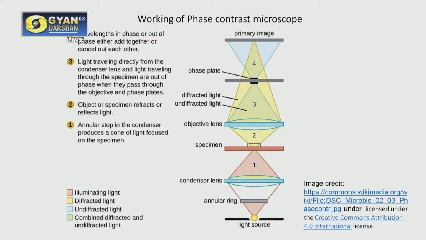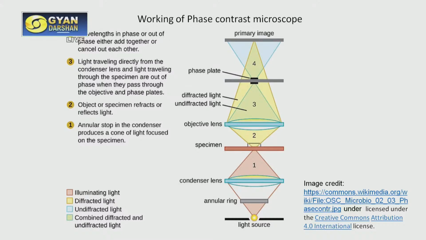The basic principle behind the phase contrast microscope is the detection of phase changes due to differences in the refractive index of light between the cells and the surrounding medium. Here you can see the light source.